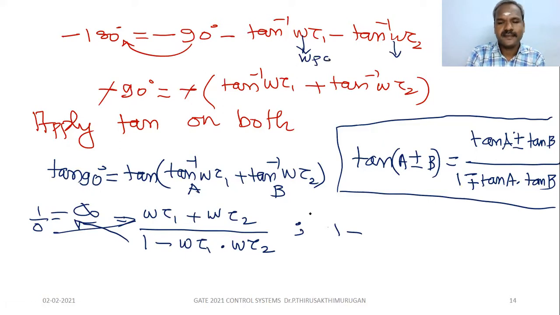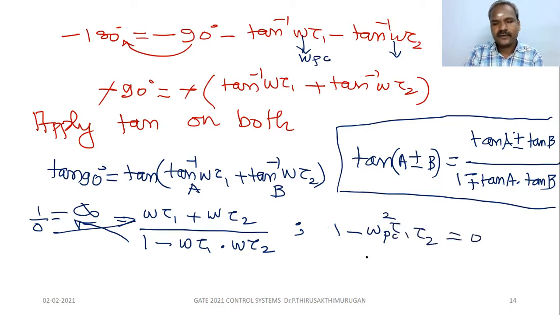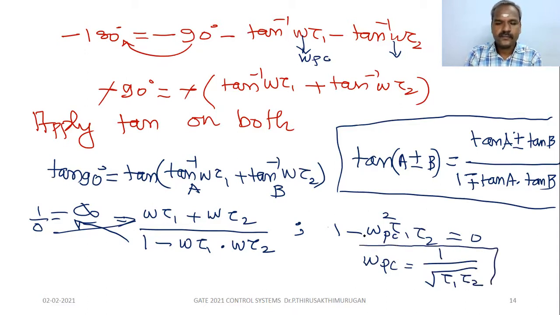So I am going to write here omega PC square tau 1 tau 2 equals 0, so 1 minus omega PC square tau 1 tau 2 equals 0. Bring it to the right side and you simply get omega PC equal to 1 by square root of tau 1 tau 2 radian per second.